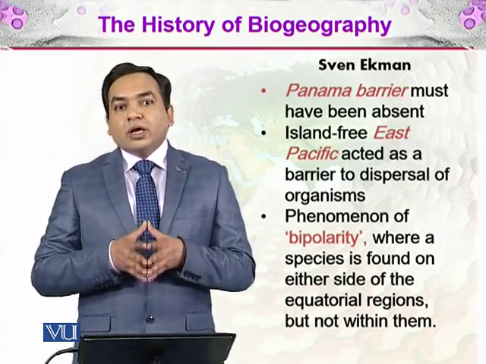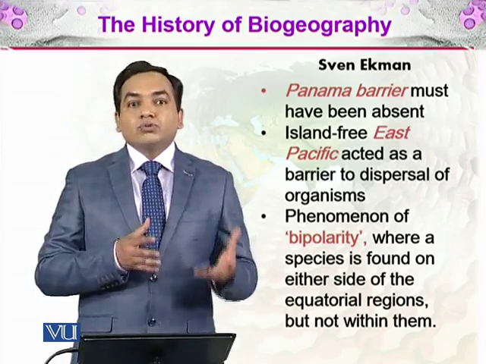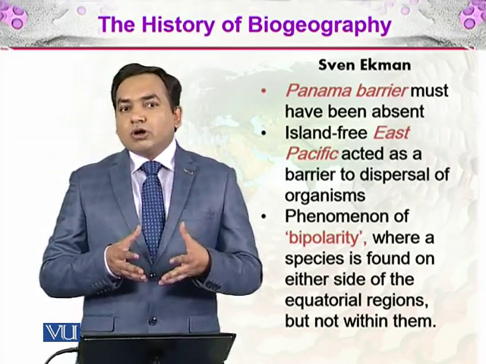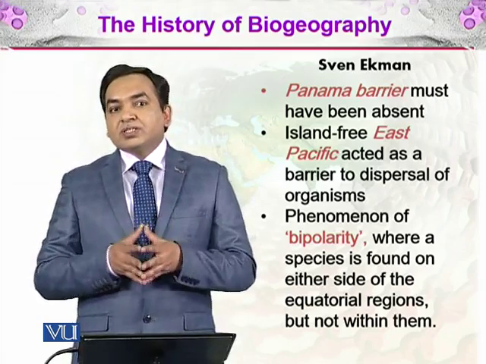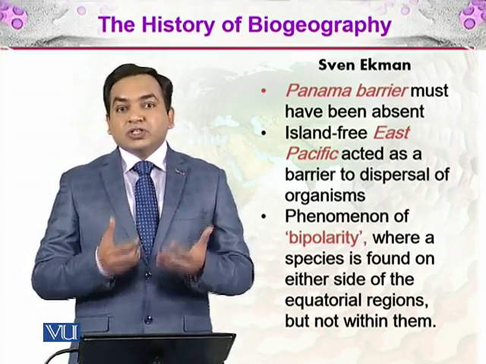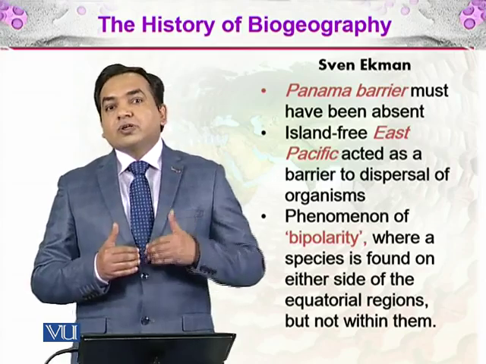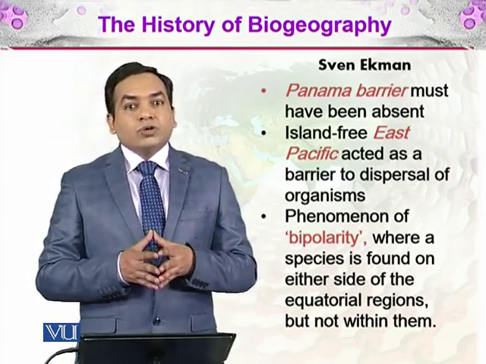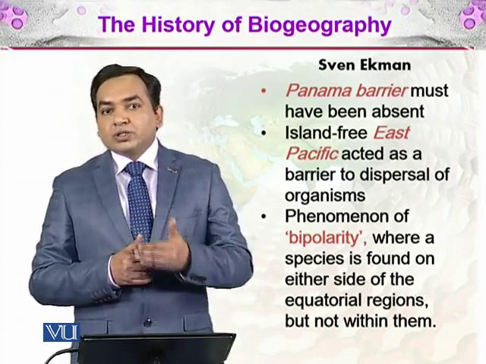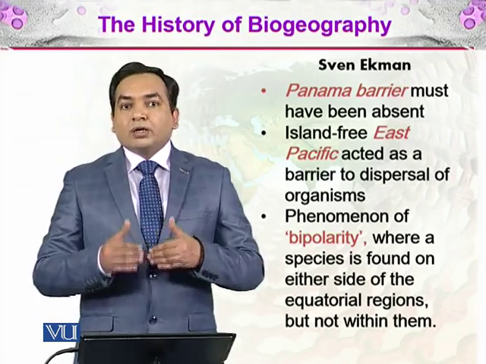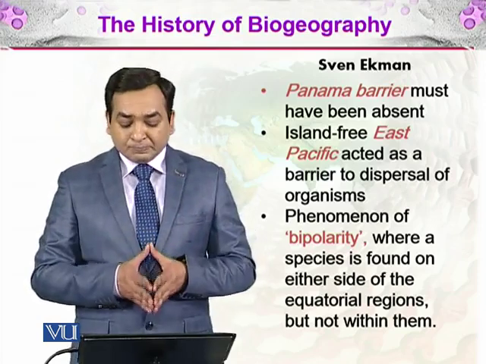The Eastern Pacific is devoid of islands because it is not very geologically active. So there is less and less movement of organisms, especially terrestrial organisms, into the western part, towards Hawaii or the Marshall Islands, or the eastern part like Japan, across the date line.